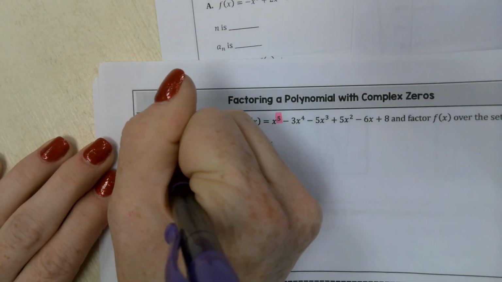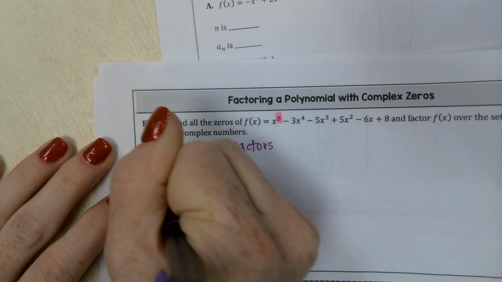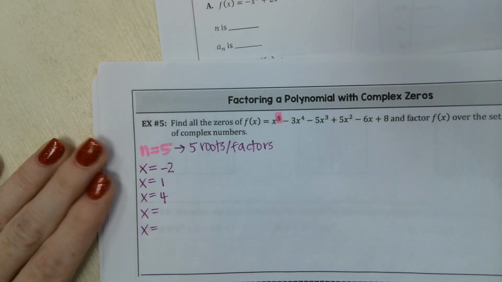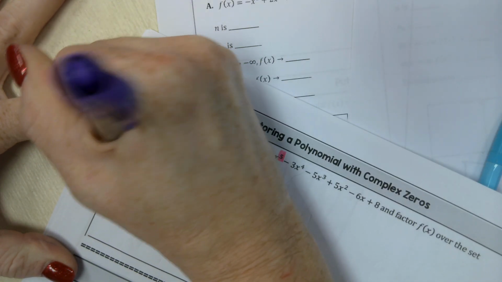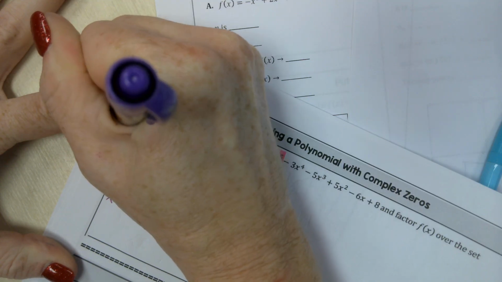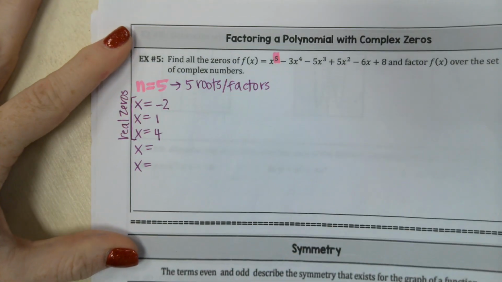All right, -2, 1, and 4. These are my real zeros.